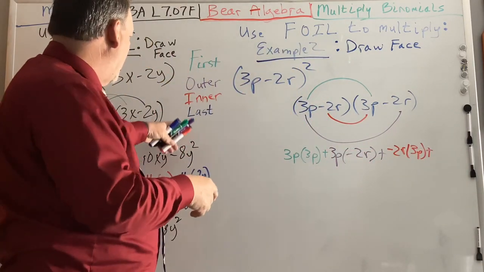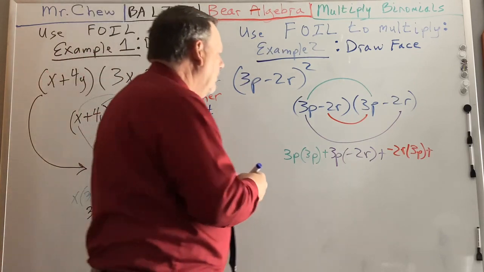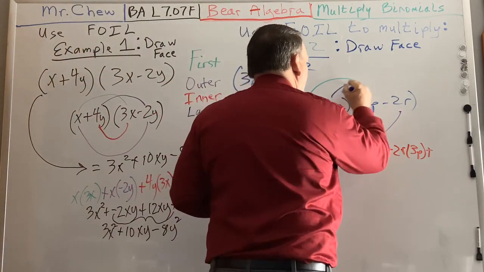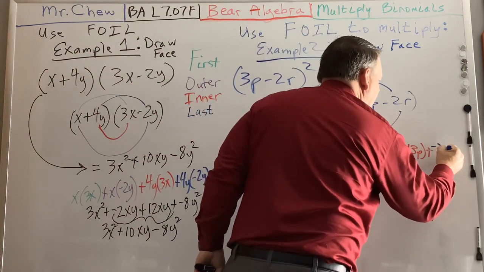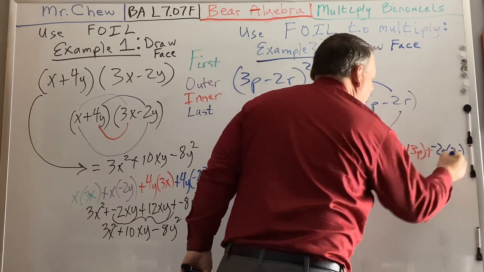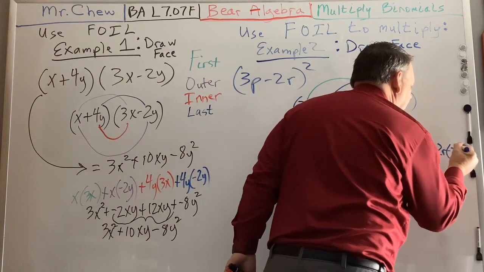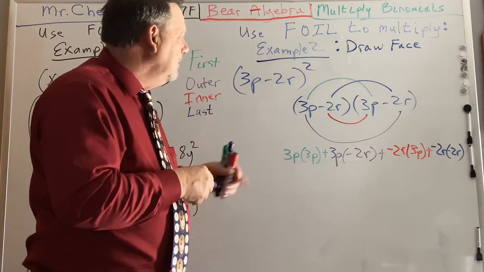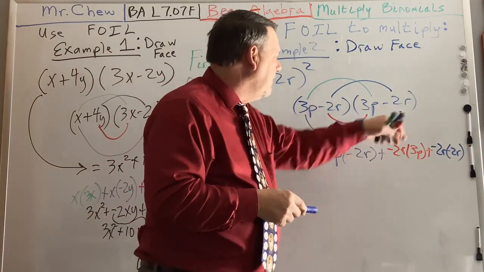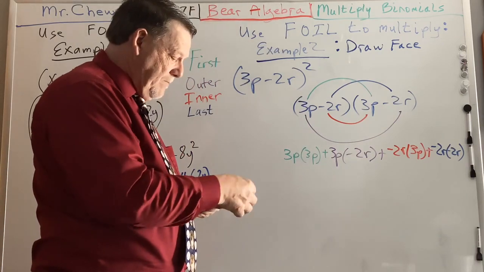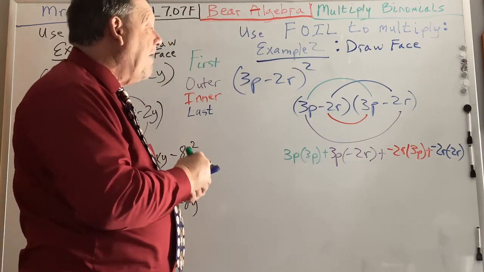And now we're doing our last. Negative 2r times negative 2r. Can't forget our negative signs. That's a negative 2r times a negative 2r. Now we combine our like terms after we simplify.